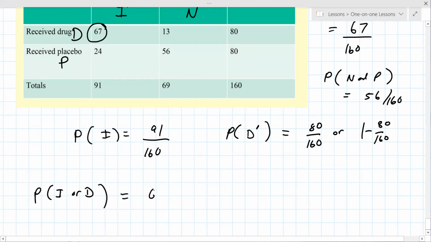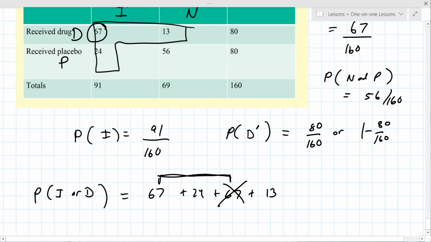The I's are 67 and 24, but the D's are 67 and 13. Do you see how there's an overlap here? You can only count one of them. So it's like an L-shaped thing. Okay, so you add those three up over 160.